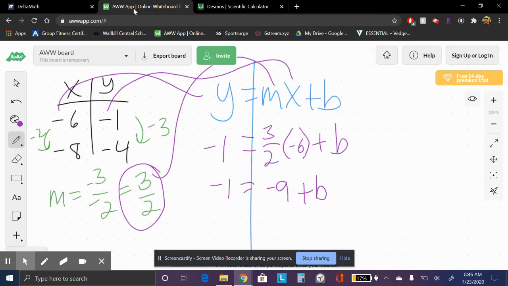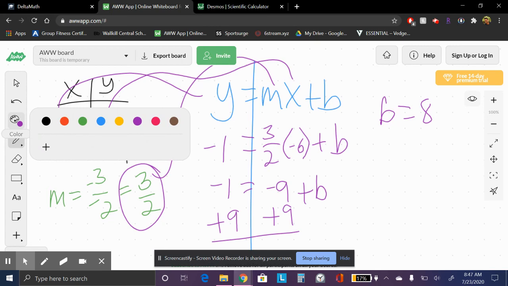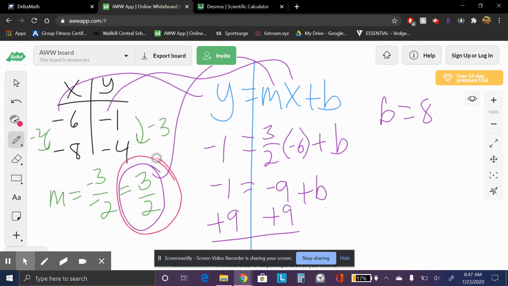All right. Add 9 to both sides. And I get my b. I'm going to write it up here. b is 8. So I got my m. I got my b. So my equation is y equals 3/2 x plus 8.